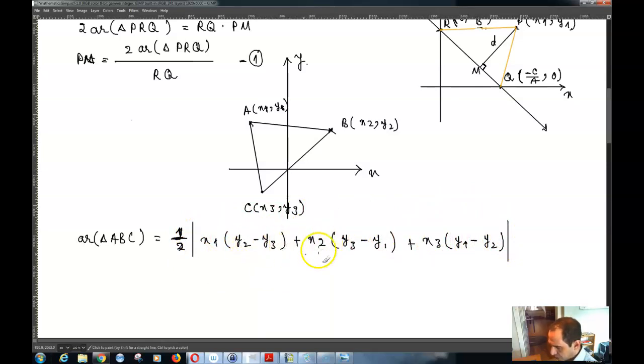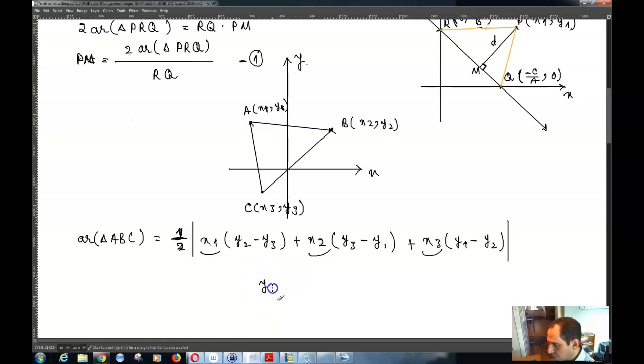So you see that this is like a cycle. In this formula you have a 1/2 over here, and then this whole expression inside an absolute value. Then you have x1, x2, x3, and all three of them are multiplied by these expressions. And this expression is cyclical.